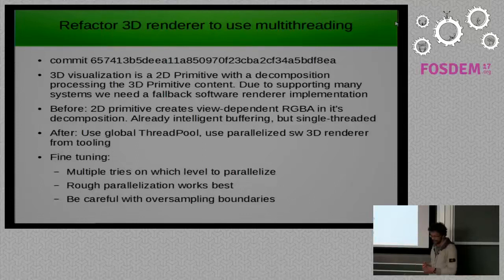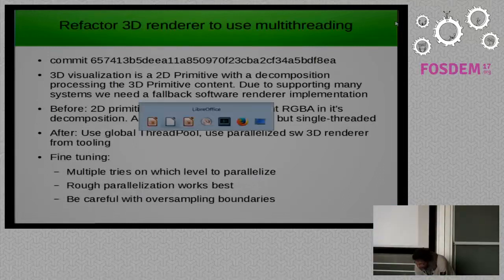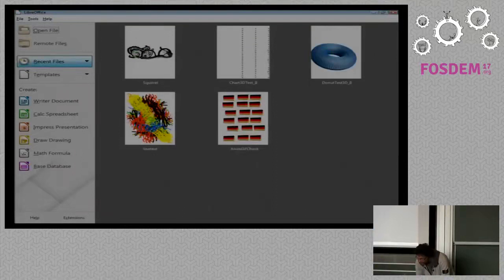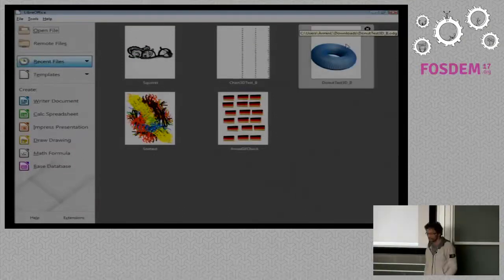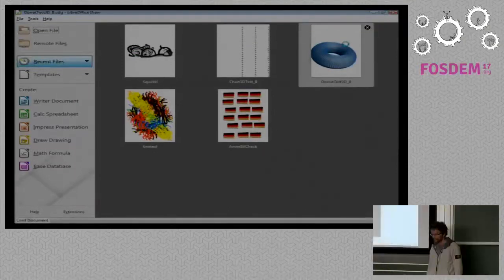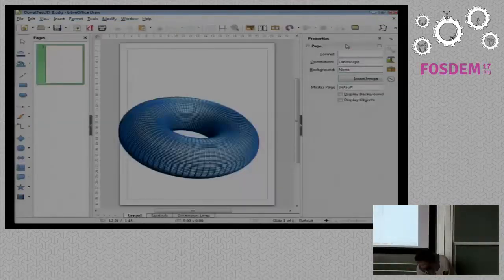So now, when you have 8 cores, they may be used, and you can use much bigger 3D objects than before. For example, when you have something like this in the software renderer, this is nothing I would try to do with older Office versions.